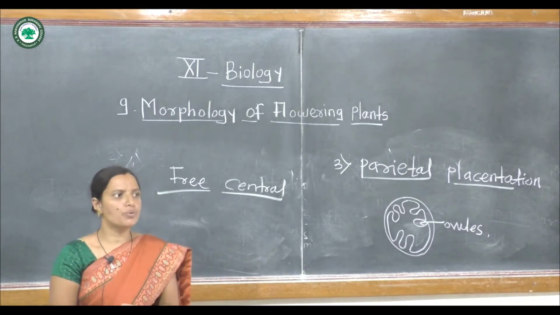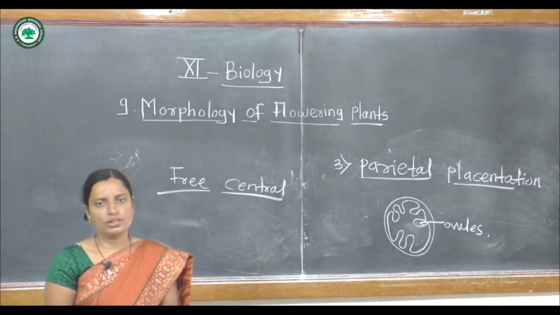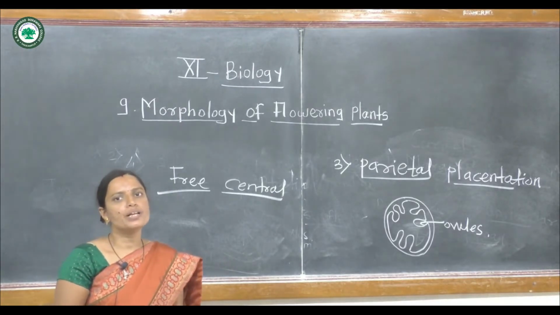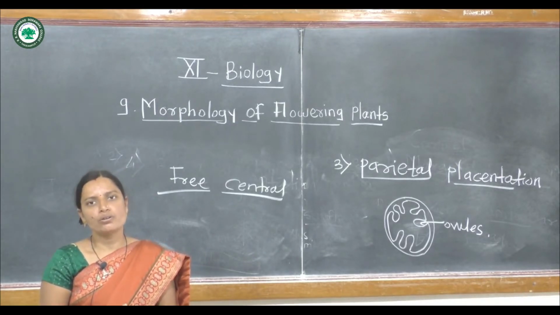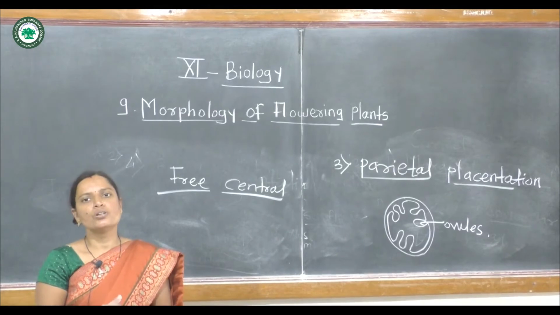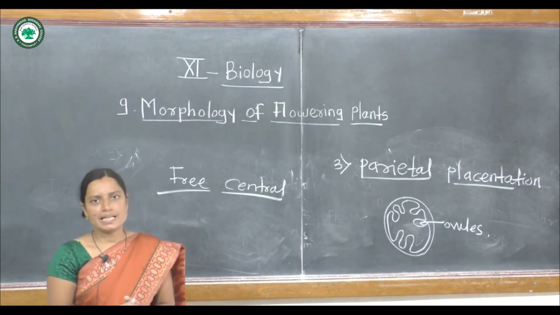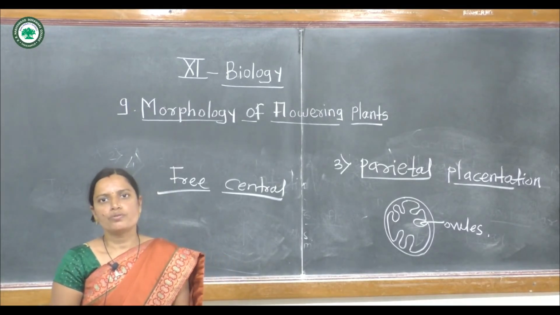The ovules arise at different positions in the ovary, which may be unilocular or have many locules, and this type of arrangement is called placentation.